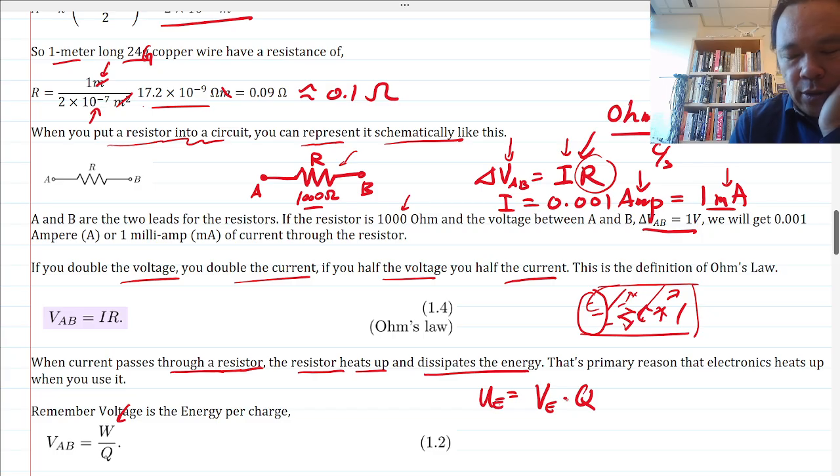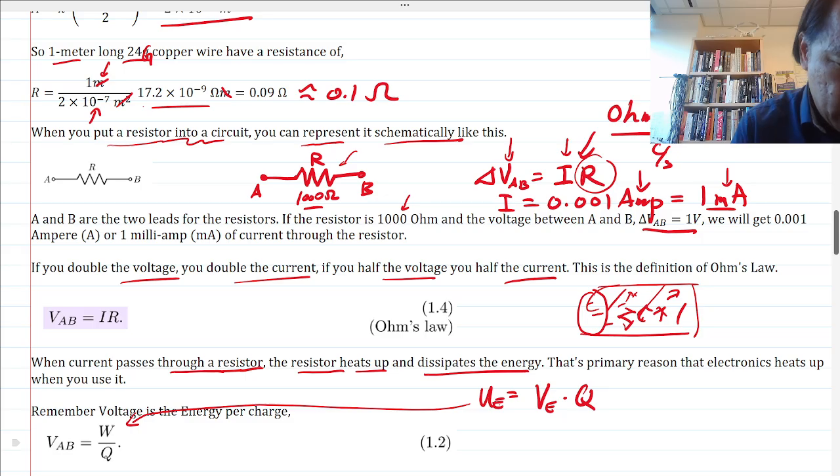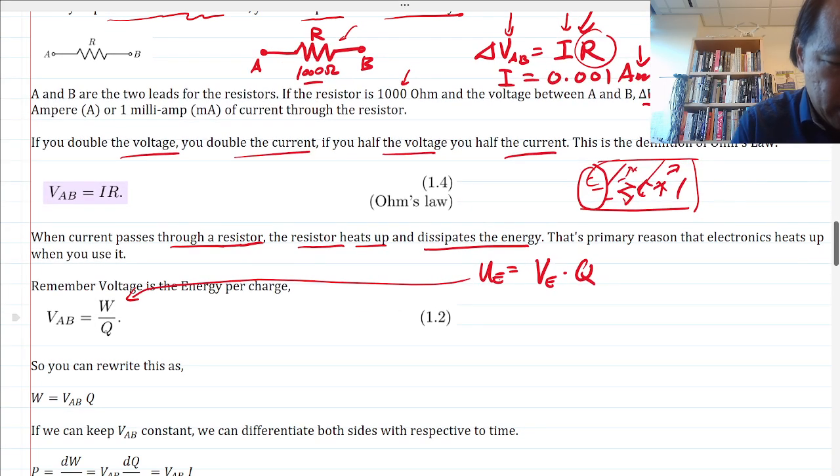All of this potential energy gets converted into thermal energy through work. The electrons are doing work on this particular resistor, and that's why they changed the symbol from U to W to represent work. This is basically the same formulation, where the potential is the amount of work divided by the charge itself. We can rewrite this as work being the potential times the charge, just like what we have up here.